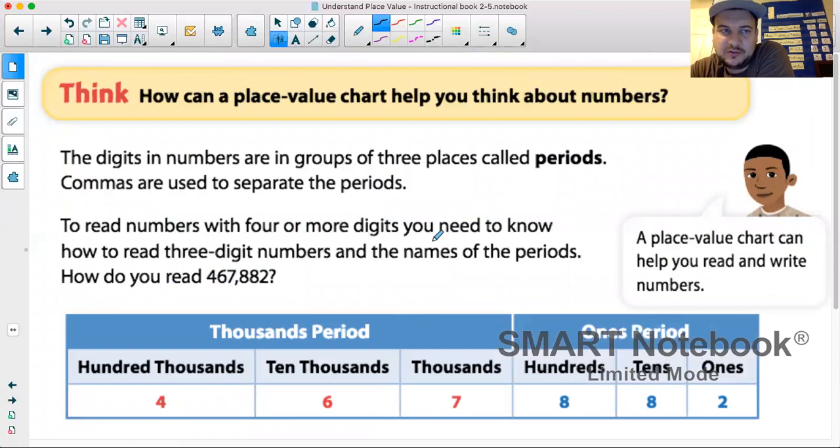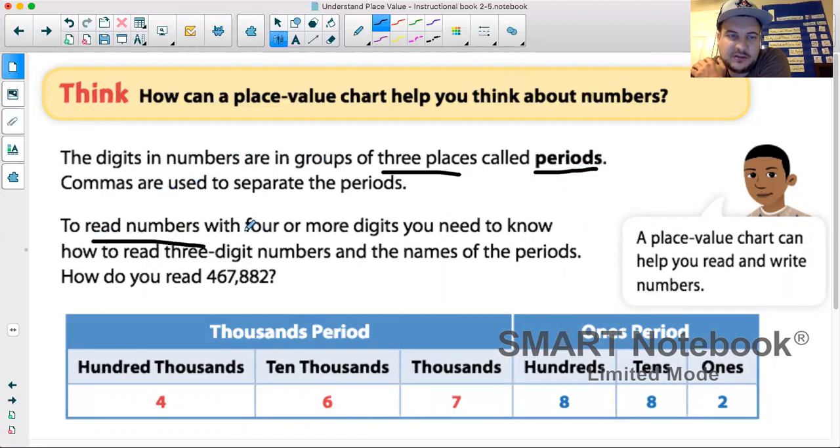Okay, so think, how can a place value chart help you think about numbers? So I just told you that every 3 digits in a group, so group of 3, is a period. When you read numbers with 4 or more digits, you need to know the names of the periods. So this is standard form, 467,882.